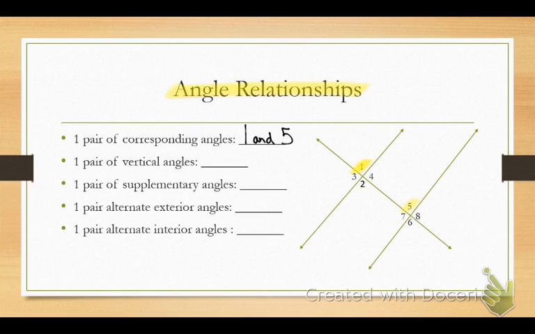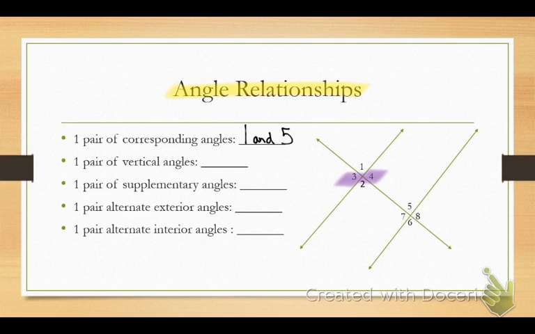All right, let's talk vertical angles now. Vertical angles are opposite each other. Completely opposite. And we know that their measures are equal. So let's do angle 3. Which angle is vertical to 3, Jakari? 4. It's opposite.